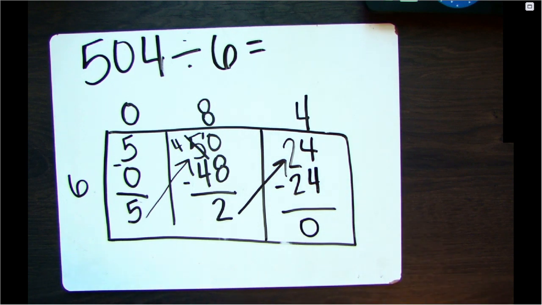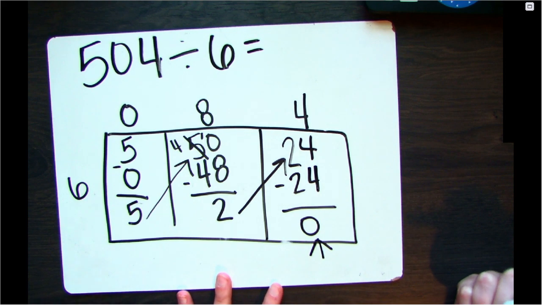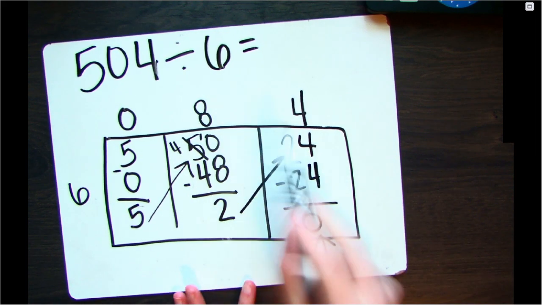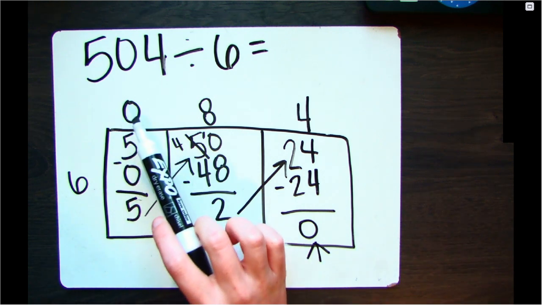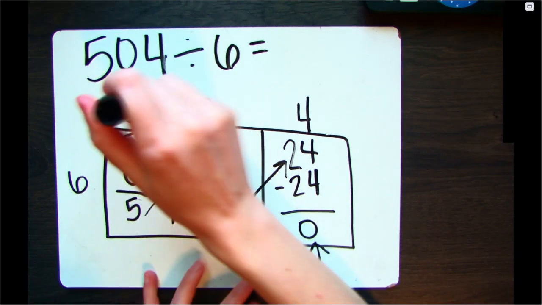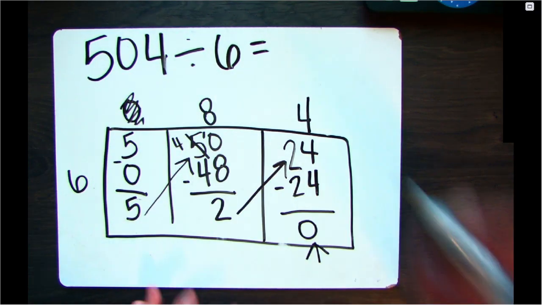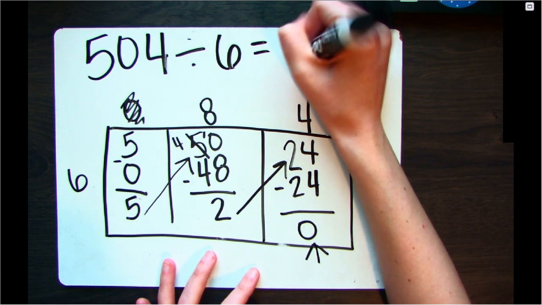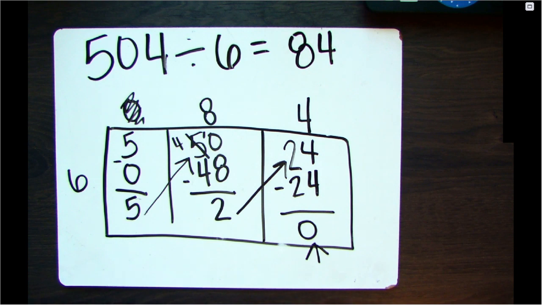My goal on all of these problems is to get a final 0 at the end, because whatever's left over at the top is my answer. Again, you should have no remainders on these problems. I don't need to write this 0 at the front because 084 is not a number, so I just need to write this 84. So 504 divided by 6 is 84.